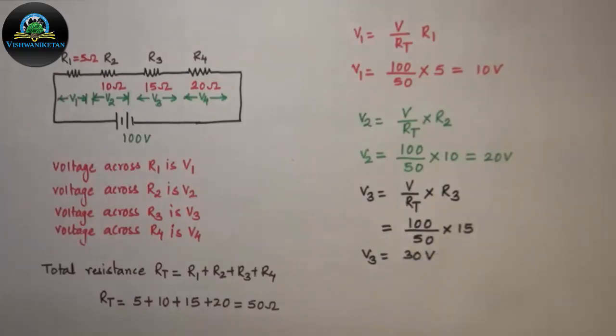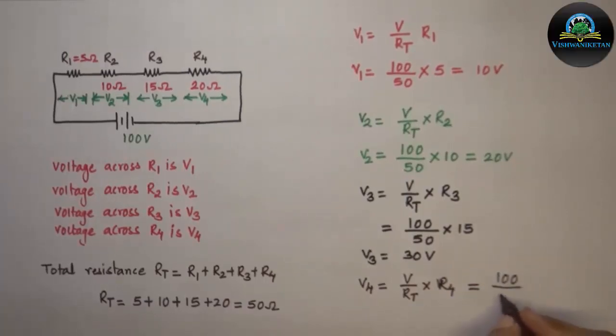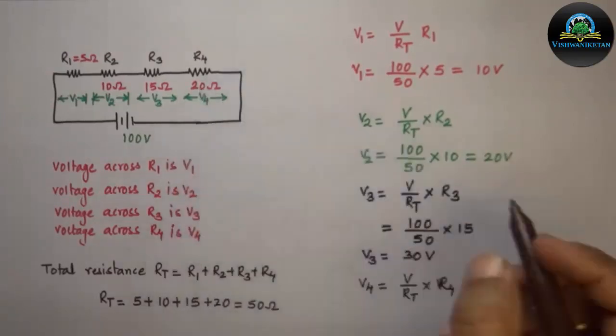And lastly, we have to calculate V4. The formula for V4 is again V by RT into R4. The value of V is 100 volt. Value of total resistance is 50 and R4 given as 20.